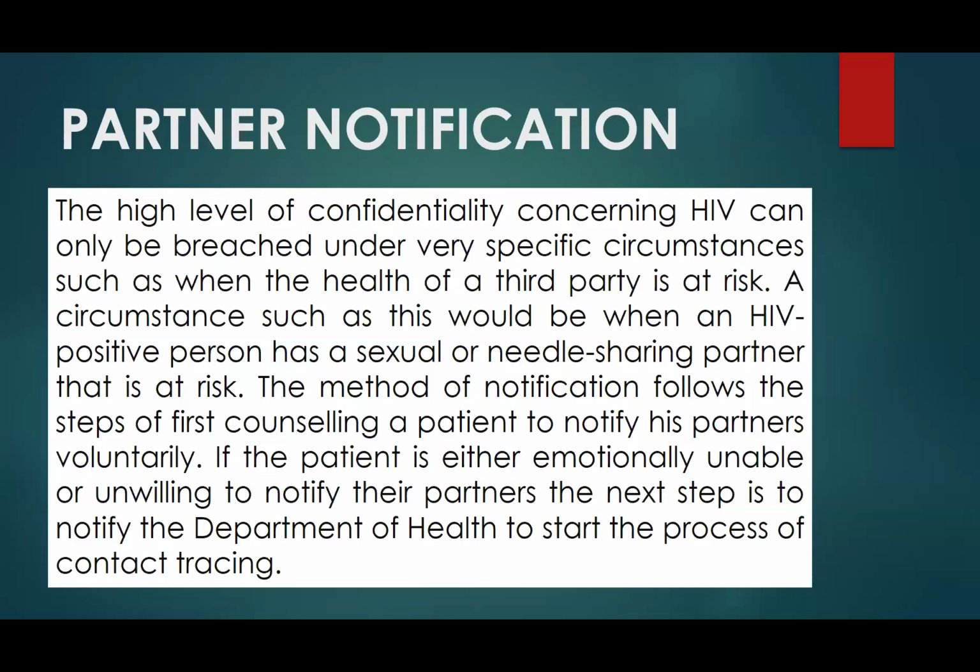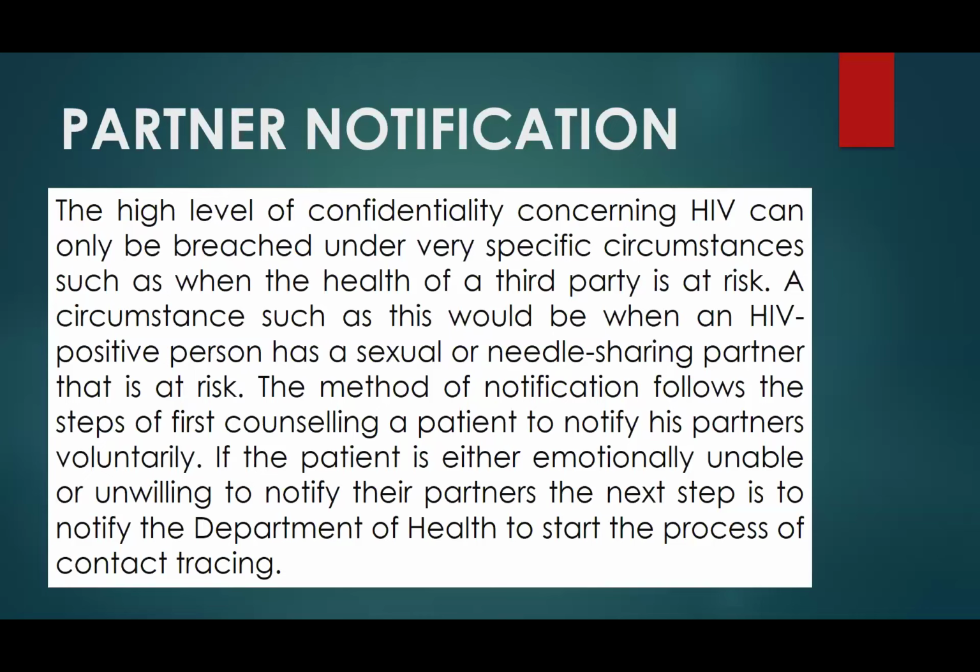A circumstance such as this would be when an HIV positive person has a sexual or needle sharing partner that is at risk. The method of notification follows the steps of first counseling a patient to notify his partners by his own will. In other words, you encourage your patient to notify his partner.